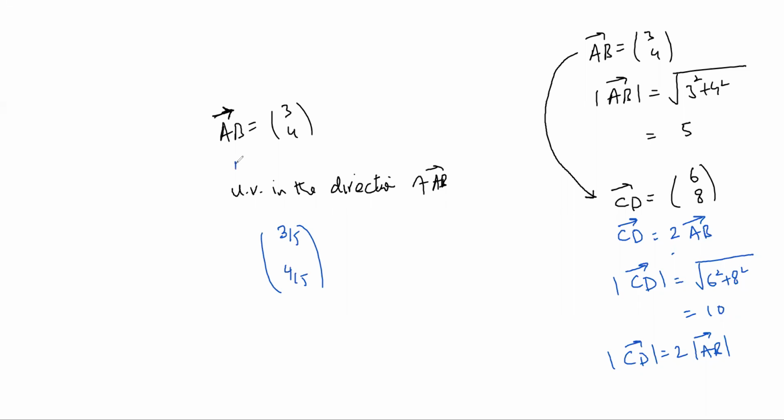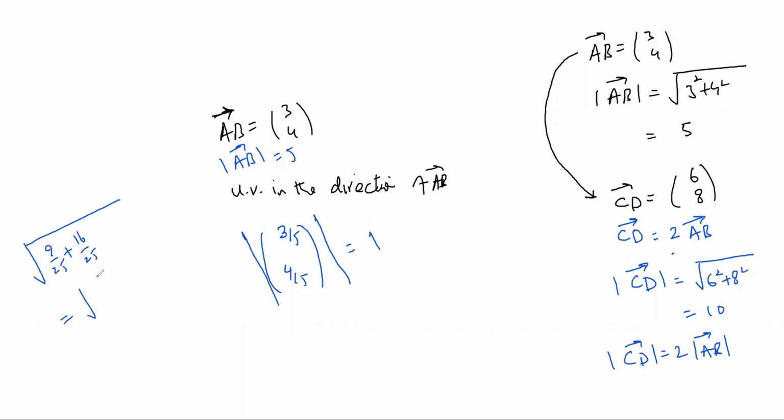This vector has a magnitude 5. If I divide the vector by 5, what will be the magnitude of this vector? Yes, 1. Even if you do the working over here, this is 9 over 25 plus 16 over 25.